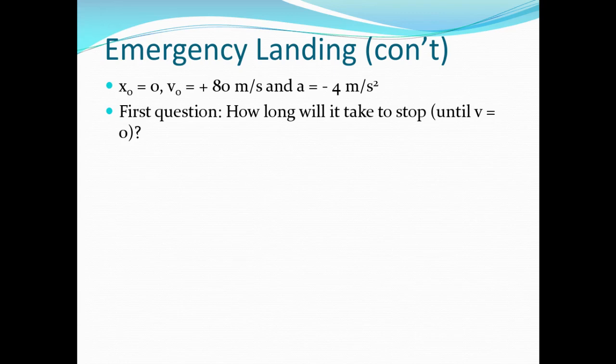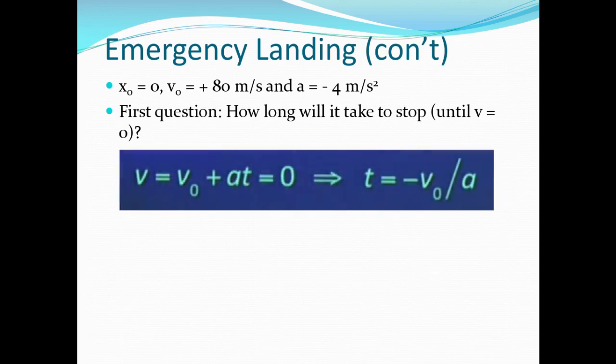That is, when will V final equal 0 meters per second? So if you start with that equation we talked about in class, V equals V naught plus AT, if you set that to 0 and you solve for the time, you'll get negative V naught over A. That'll give you the time interval, or how long it will take to stop.